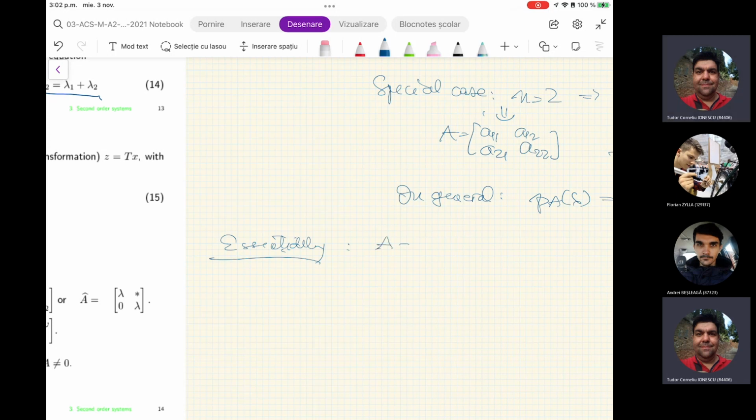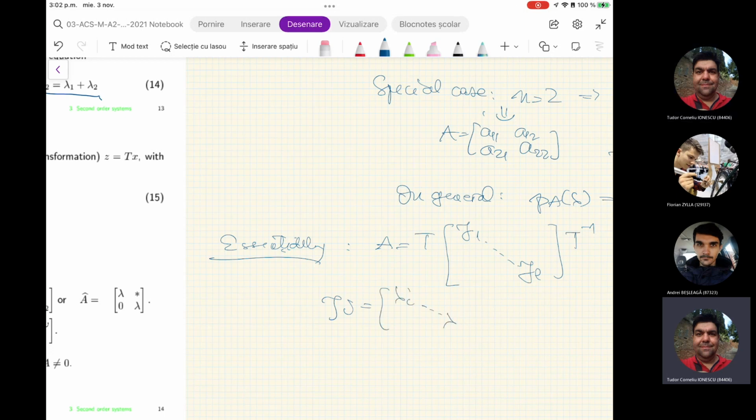Any matrix A is T times J1 up to JL times T inverse, where these are Jordan blocks. You can always write that.